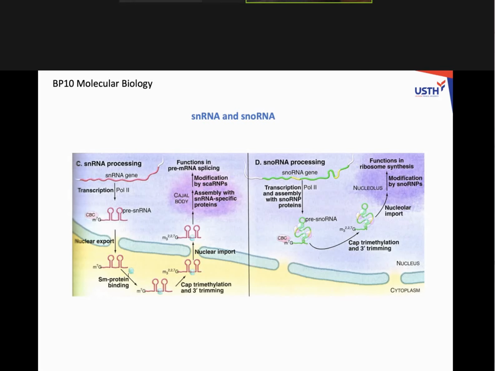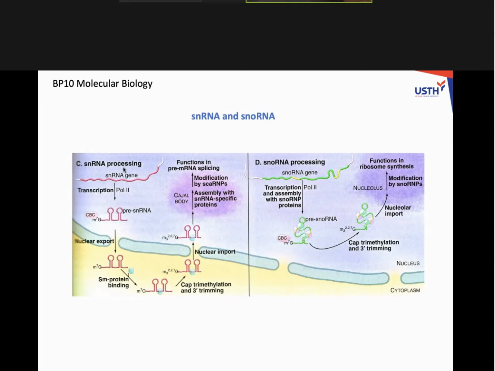What you probably heard is that all the genes transcribed by polymerase 2 can be translated. But there are a few exceptions, like this type of genes. The snRNA genes are transcribed by polymerase 2, but will never be translated because their function is not carried by the protein, it's carried by the RNA itself.